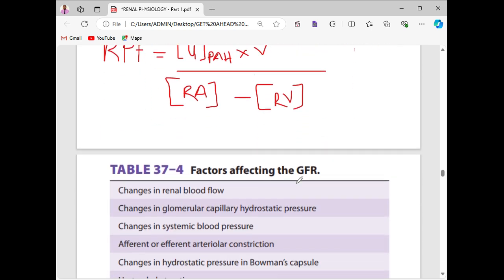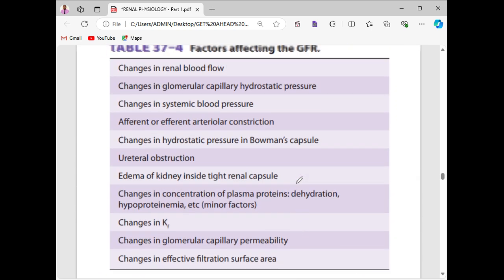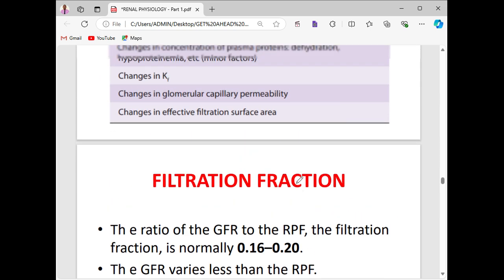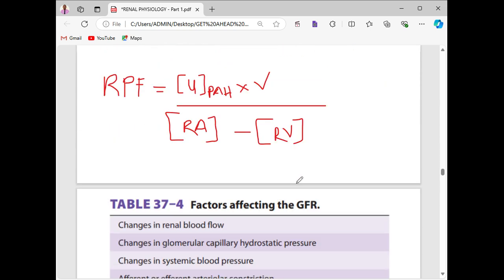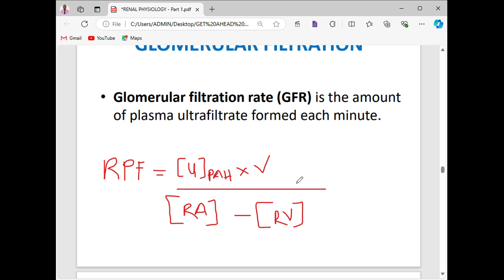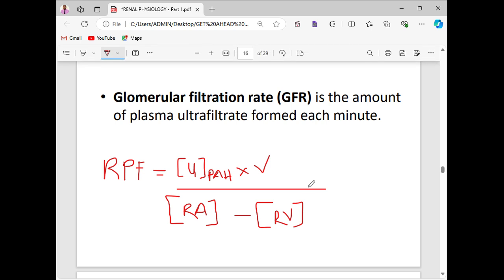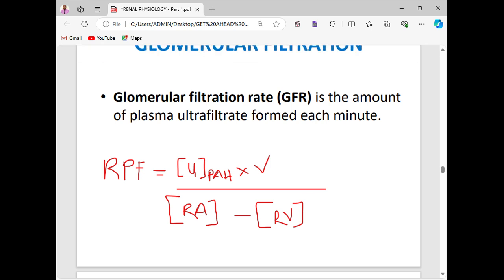So now there are pressures. We have certain pressures which normally determine filtration.